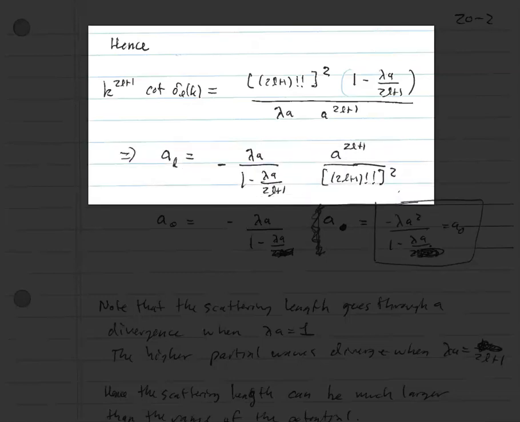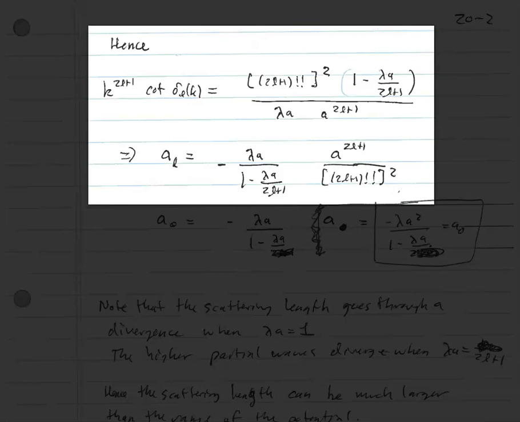We don't have the higher order terms in ka, which we would need to get the effective range, so we're not going to be looking at the effective range in this lecture, but we can immediately get the scattering length because it's minus 1 over the term on the right-hand side. So a_L is equal to λa over (1 minus λa over (2L+1)) times a^(2L+1) divided by ((2L+1)!!)².